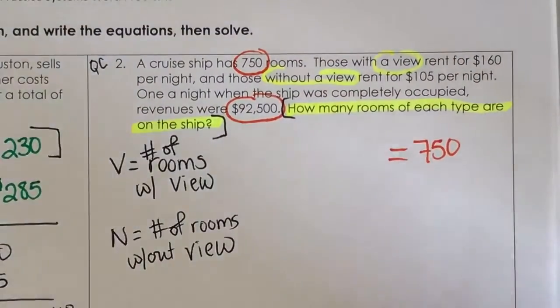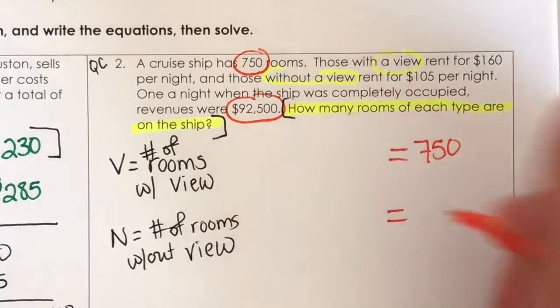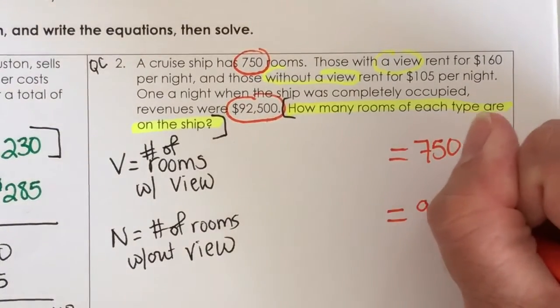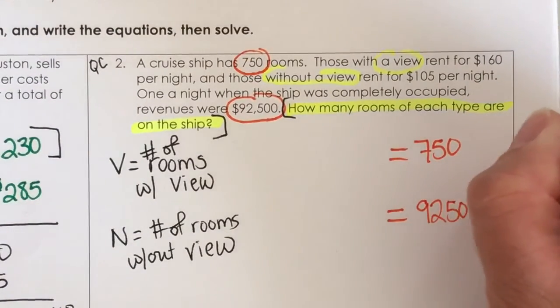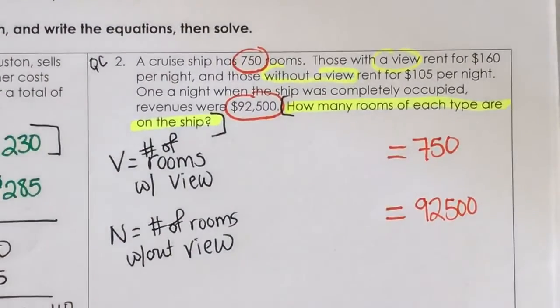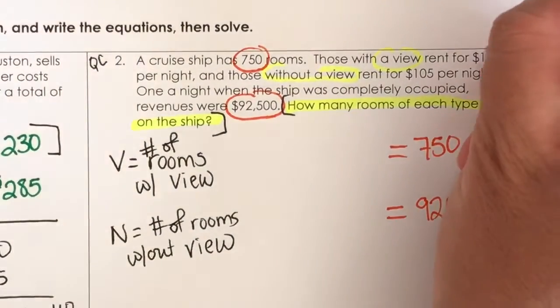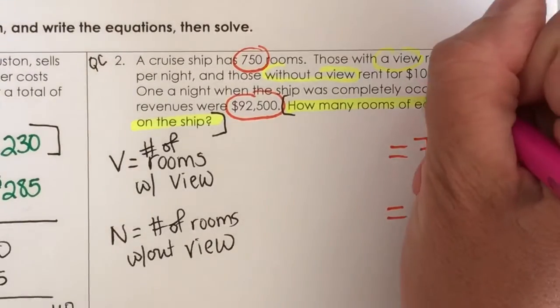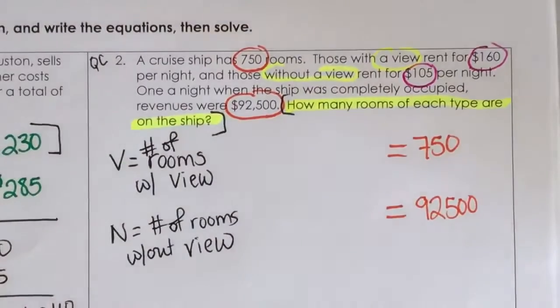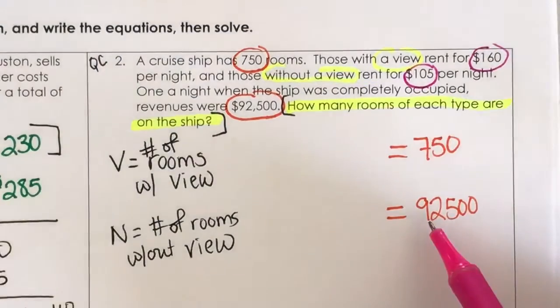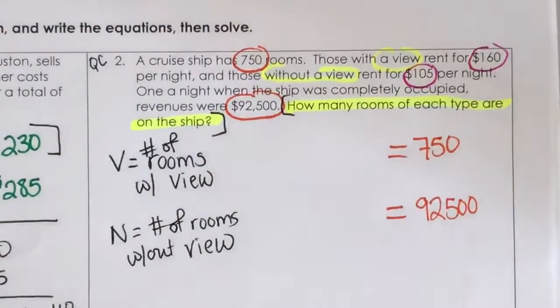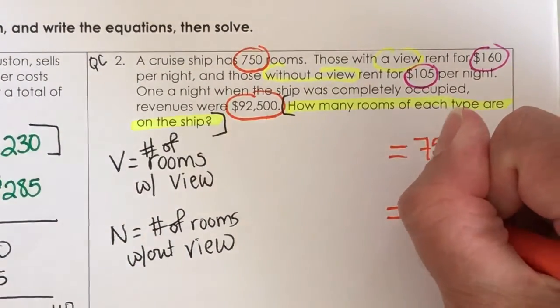Revenue just means that's how much money they make if all of the rooms are occupied. So the remaining numbers that I have are the 160 and the 105. Well, it makes sense that those go with the 92,500 because we're talking about money here.